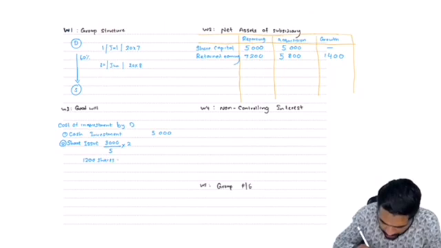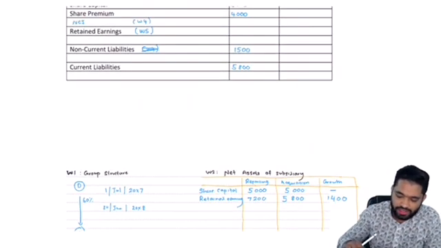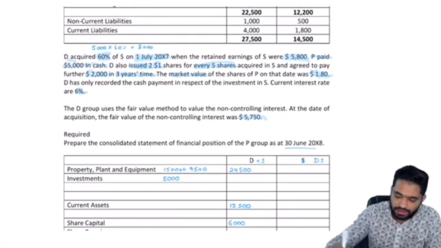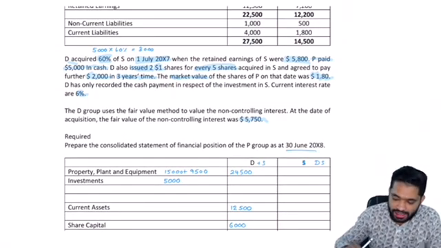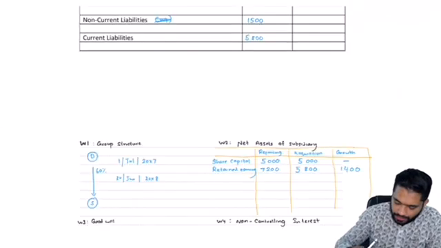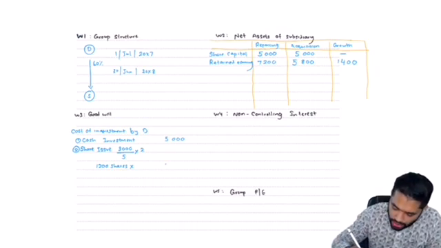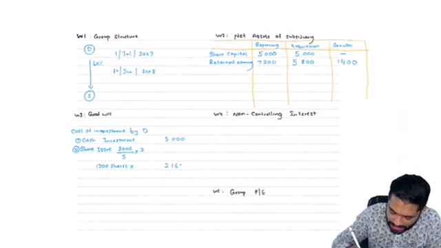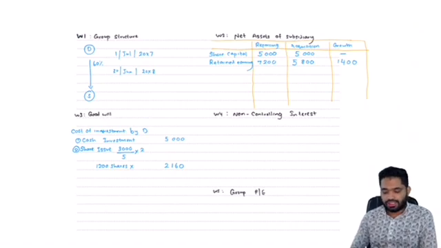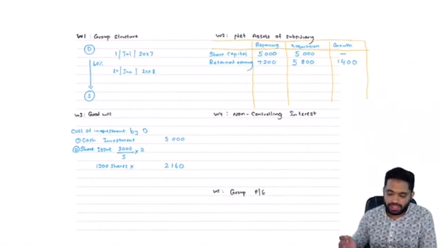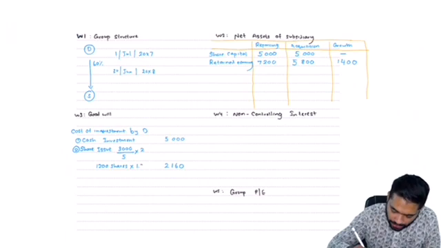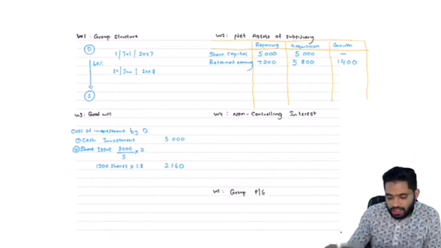The market value of a share at the date of acquisition was 1.8. So 1,200 into 1.8, 2,160 is going to be the amount raised from the share issue. Now this investment has to be debited.